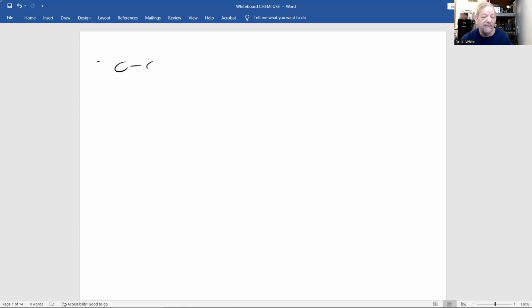Isopropyl alcohol, isopropyl group, and the center carbon is the hydroxyl group, and that's how it got isopropyl alcohol. Now, IUPAC is 2-propanol. Nobody ever uses that, except to say nobody ever uses that.